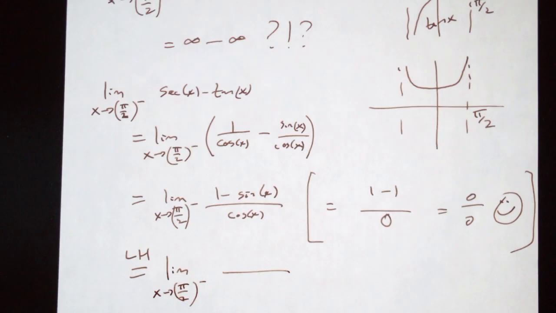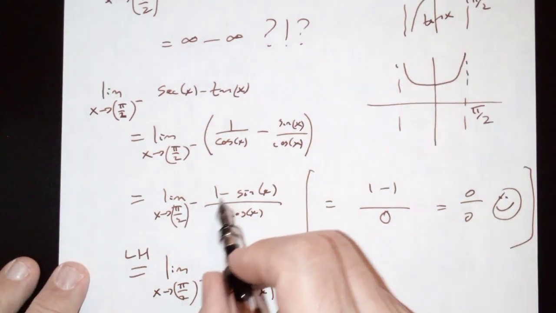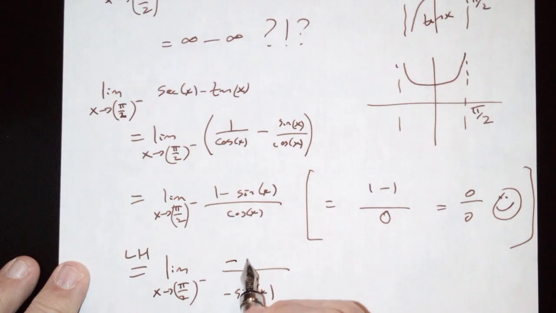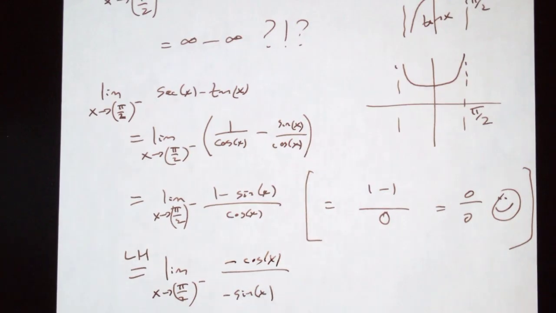What is the derivative of cosine of x? Minus sine of x. Except I have this minus here. Because the derivative of sine is just cosine, the minus sign stays with it.